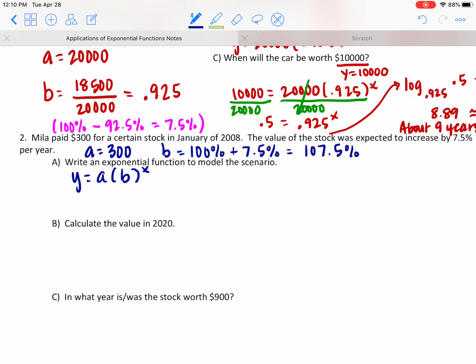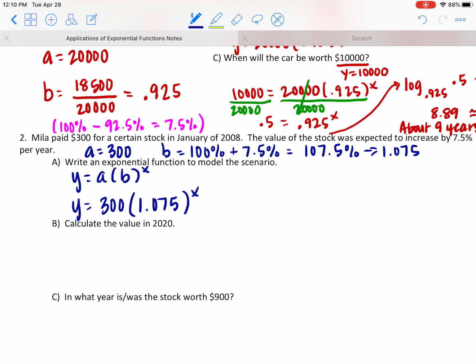It says this stock is increasing by 7.5% per year. Now the value of the stock starts at 100%. If we add 7.5% to that, then what we're looking at is a 107.5% growth factor. So b is 107.5%, but as a decimal, that would be 1.075.